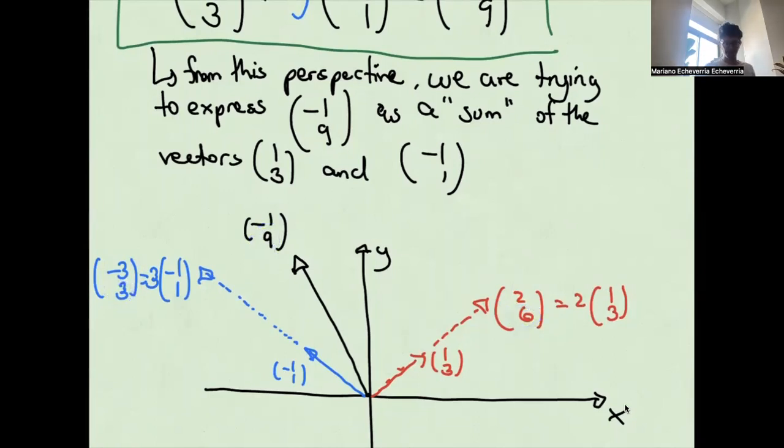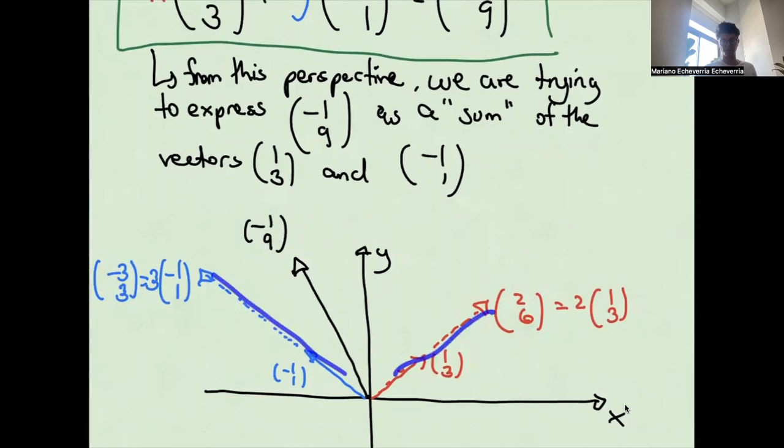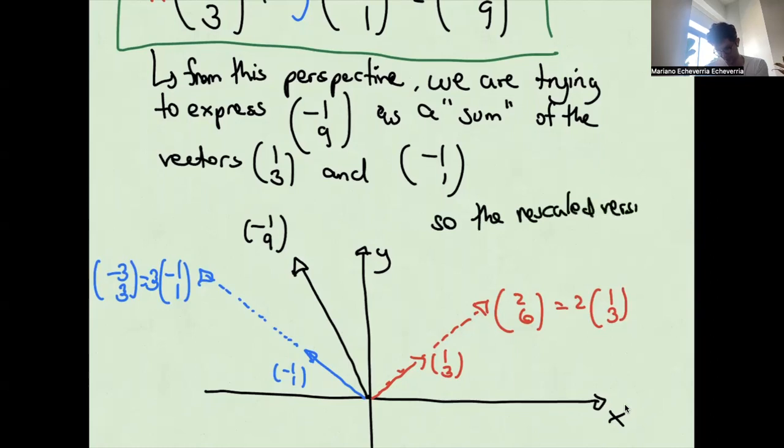So these two rescaled versions do add up to negative 1, 9. Is that making sense? Are there any questions about this so far?